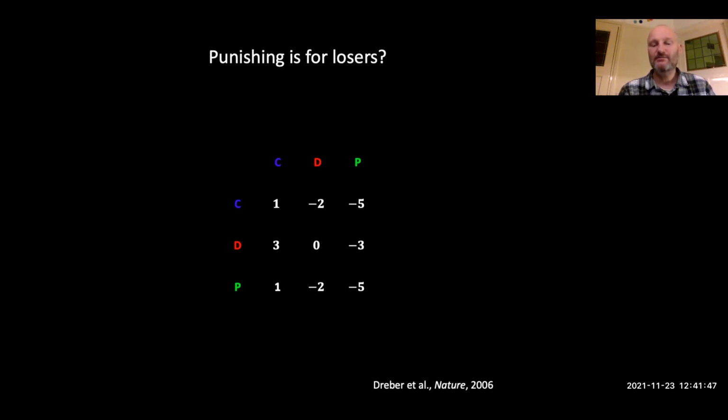People use this punishment in repeated versions of this game where they really shouldn't, and they pay for it, right? They lose payoffs over it, and that can be explained by people being really committed to teach the other one a lesson.